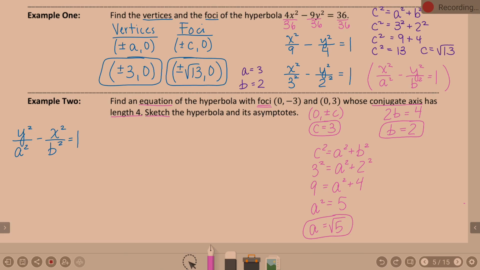So square root of 5 is approximately 2 point something. 2.2. And again, the only reason I care about it is because I'm going to sketch the graph. Otherwise, I'd say, whatever.